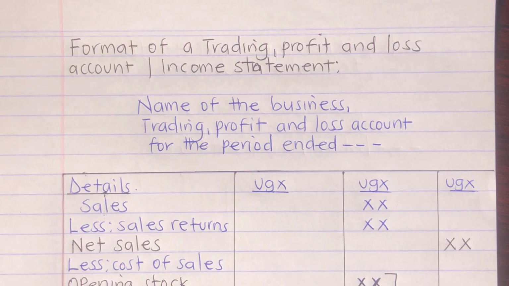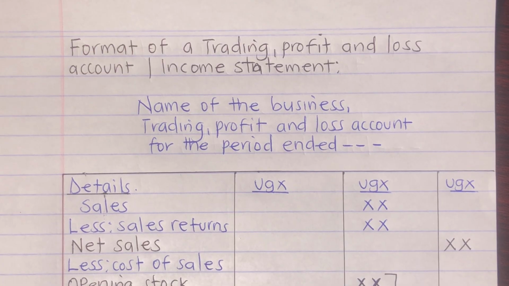In today's episode, I'm going to be taking you through the format of preparing a trading profit and loss account. It is also called an income statement. In my previous videos, I drafted for you the preparation of a trading account and the preparation of a profit and loss account, and the combination of a trading account and a profit and loss account gives us an income statement or a trading profit and loss account.